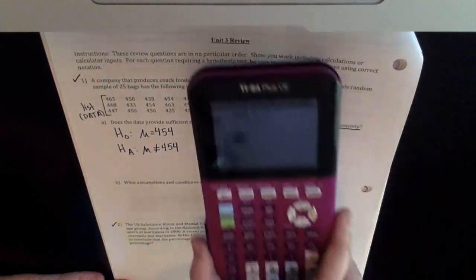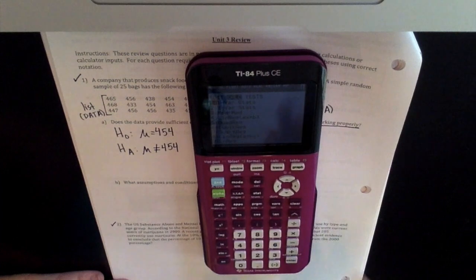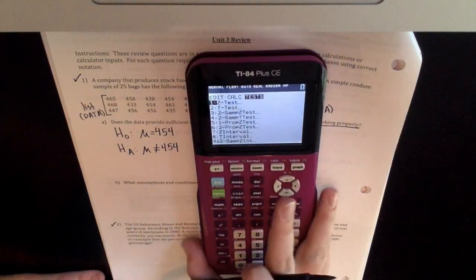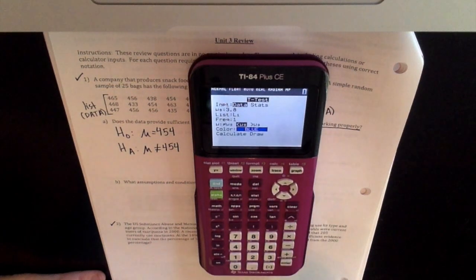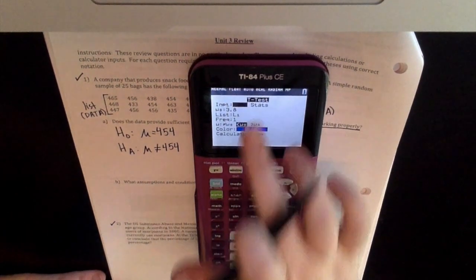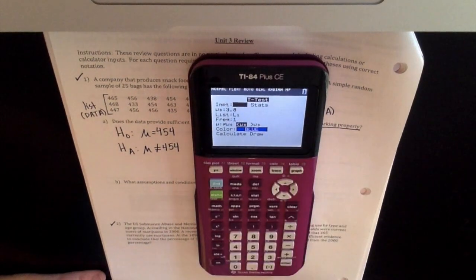mu naught. So you take your calculator. Remember that we already entered the data in. We go to our stat and our test menu. And this is just a regular t-test, so it's number 2, and it's on data, so make sure you have data highlighted, and we need to make mu naught 454.